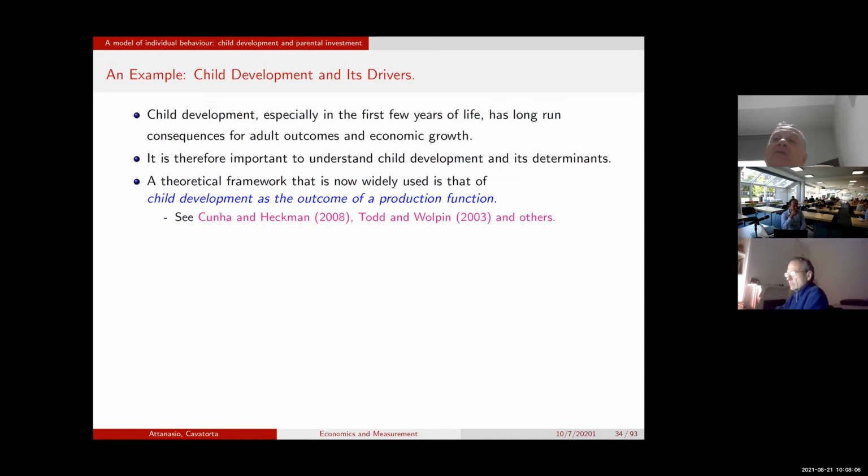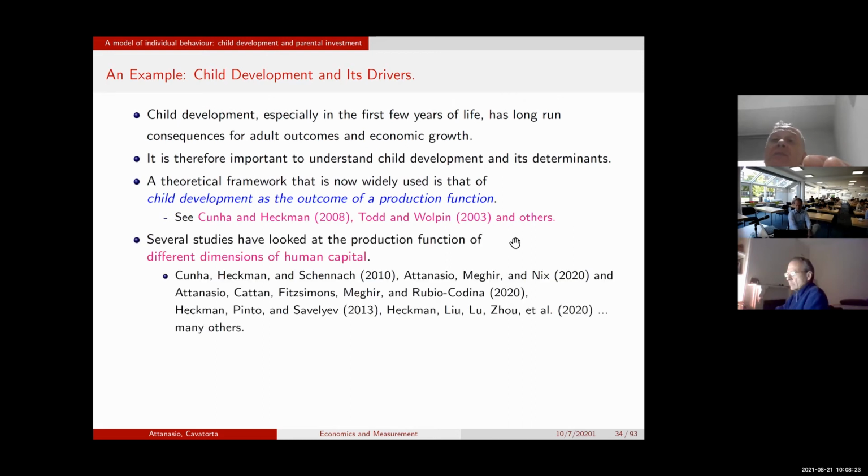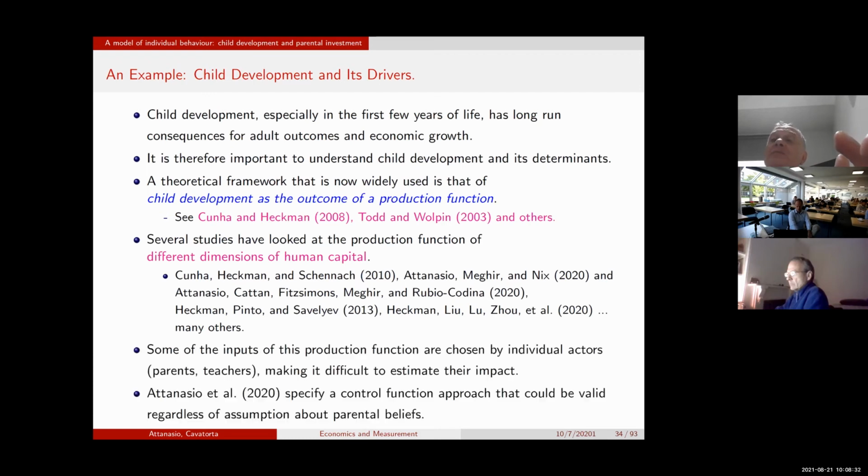A theoretical framework that is now widely used is that of child development as the outcome of a production function. Cunha and Heckman have done papers on that, Todd and others. Several studies have looked at the production function of different dimensions of human capital, and these are some of the quotes. You find that in the slides.